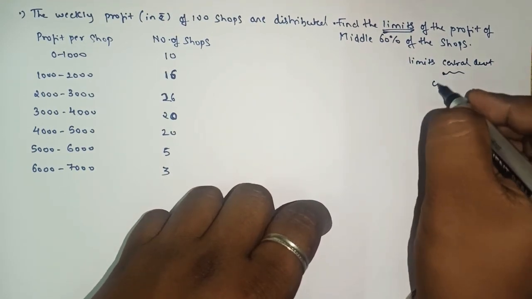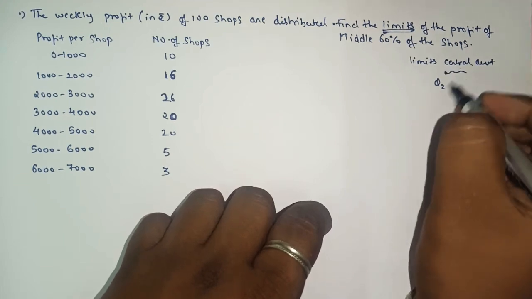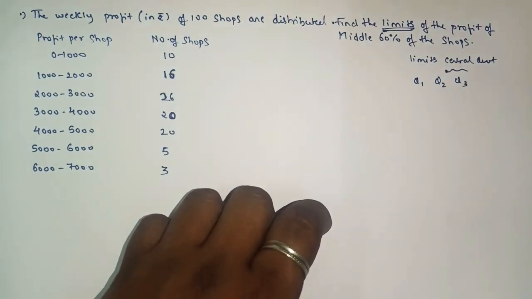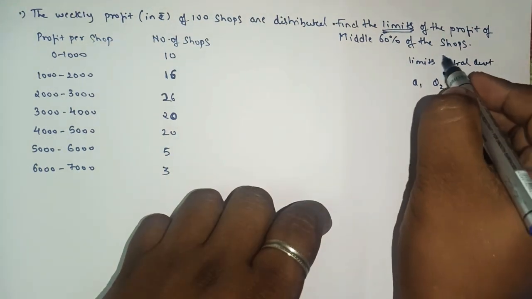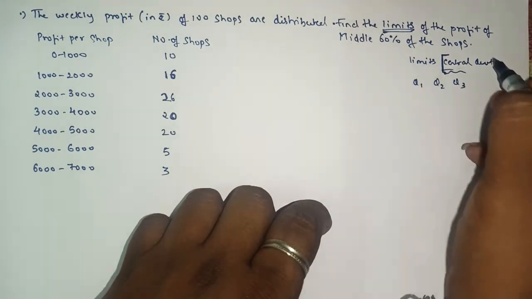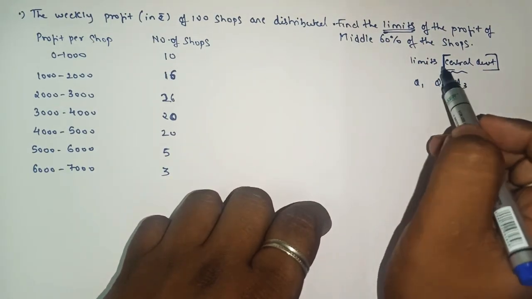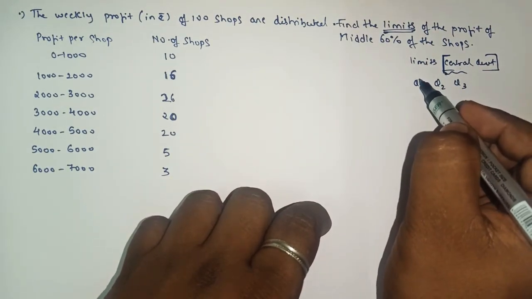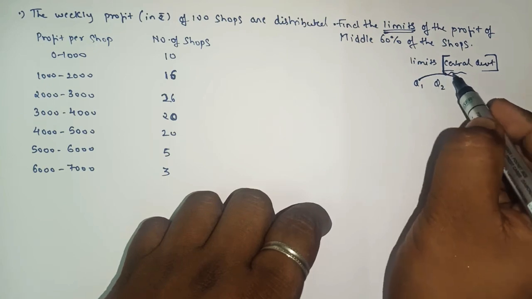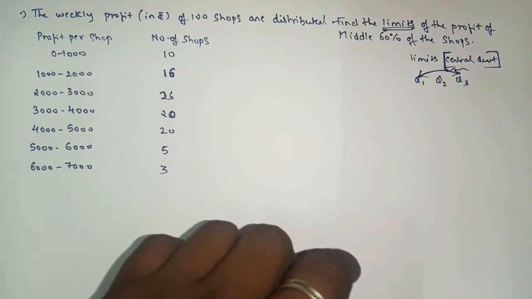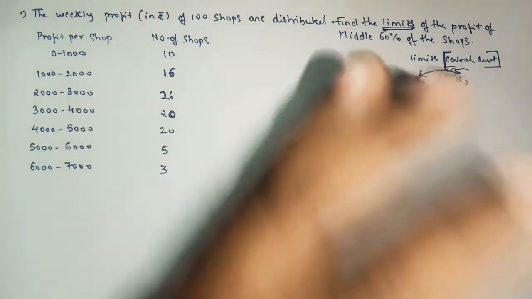Central means Q2. Limit means it actually lies between these two quartiles, yes or no? And whenever they use simply central, that means you have to find Q2. Whenever they use the word limit, in short, in simple language, we have to find Q1 and Q3. Okay, this is the point, the technique we can say.